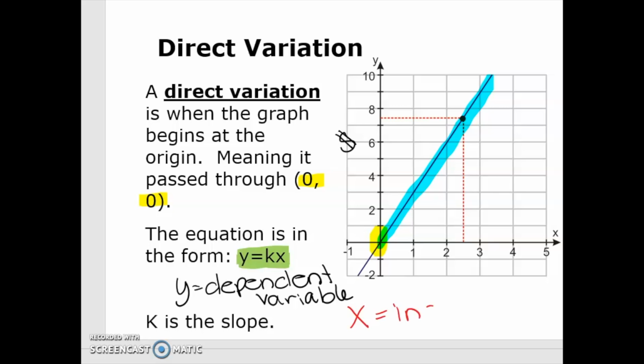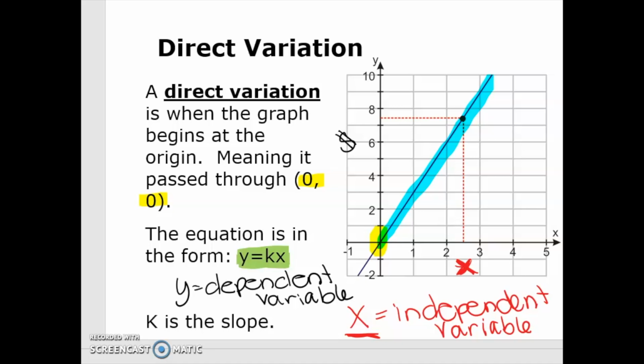X is your independent variable. Right? I can decide how many people in my family get to go to the movies. I can go by myself. I can bring one of my kids, although the other 2 might not be very happy with me, but I could choose to do that. So I get to choose how many people go to the movies. So x is independent. We choose that. And then that is going to change our dependent variable of y.